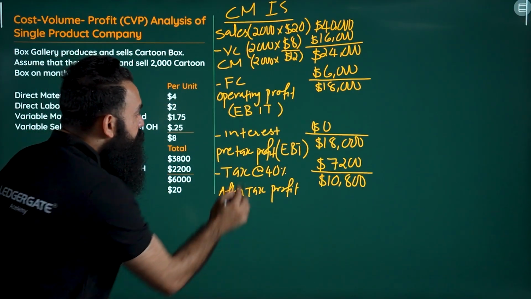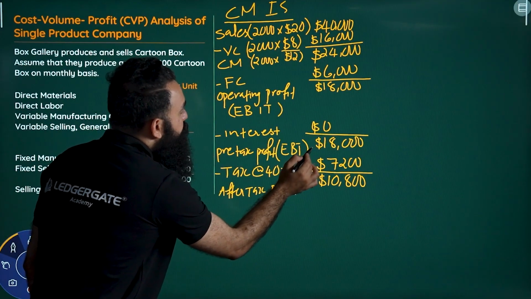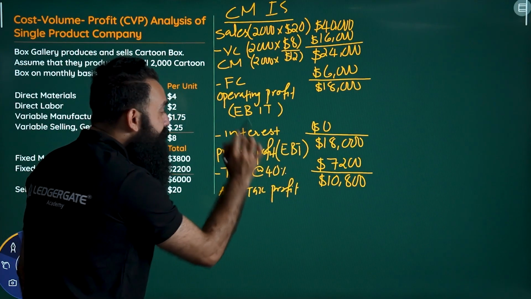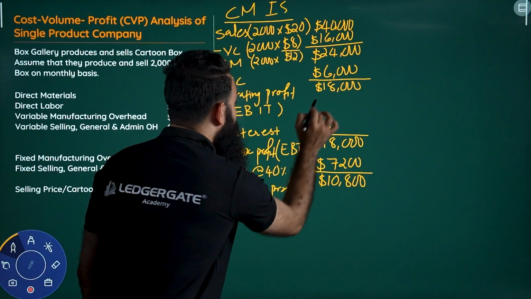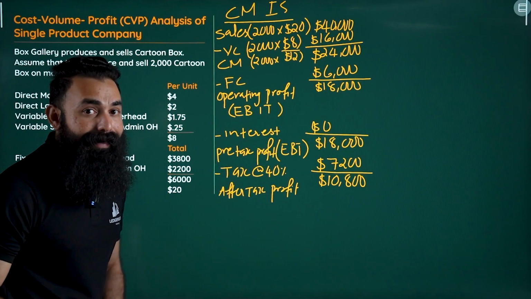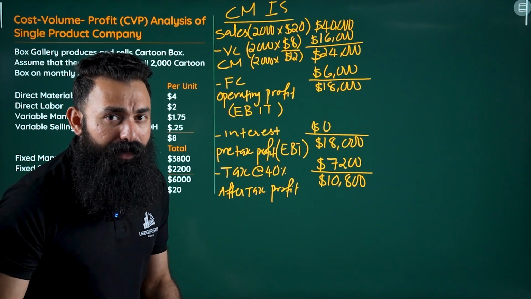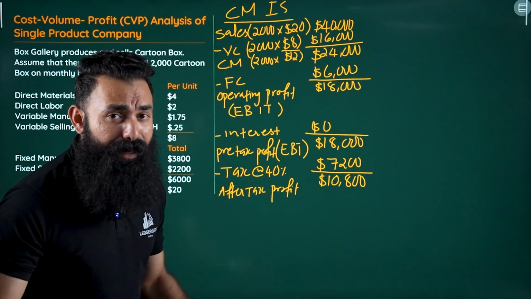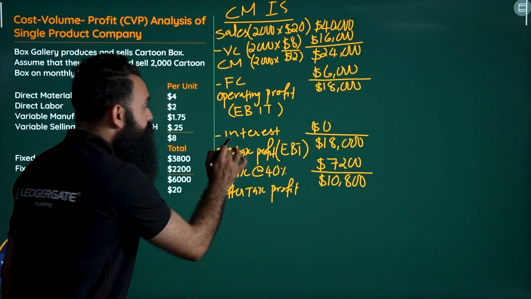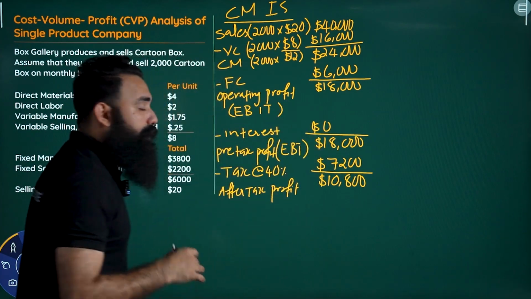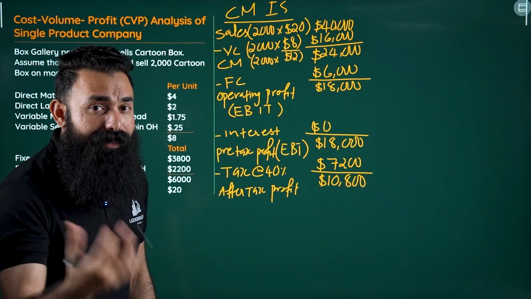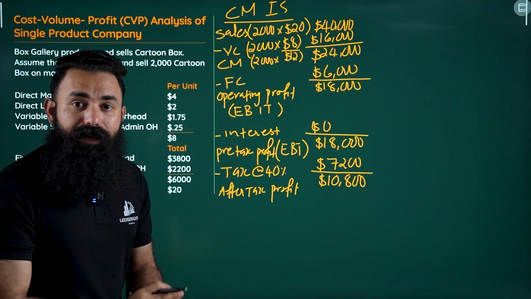Why? Here in CVP analysis, or the internal decision making process, pre-tax profit and operating profit are the same. In reality, it's not the same in every case. But here it's the same only because we are ignoring interest. In some other cases, other than the internal decision making process, interest would come.